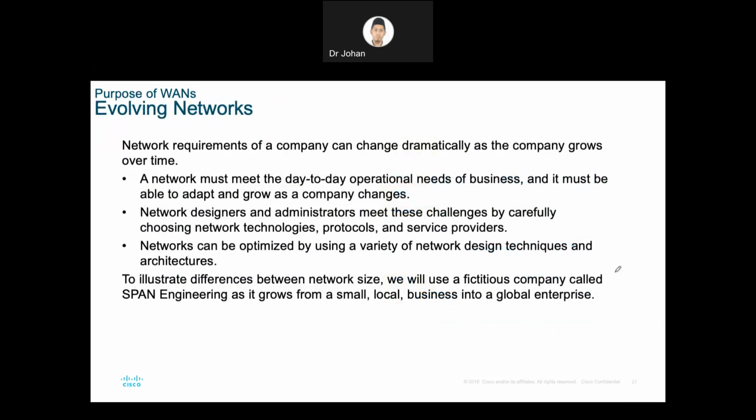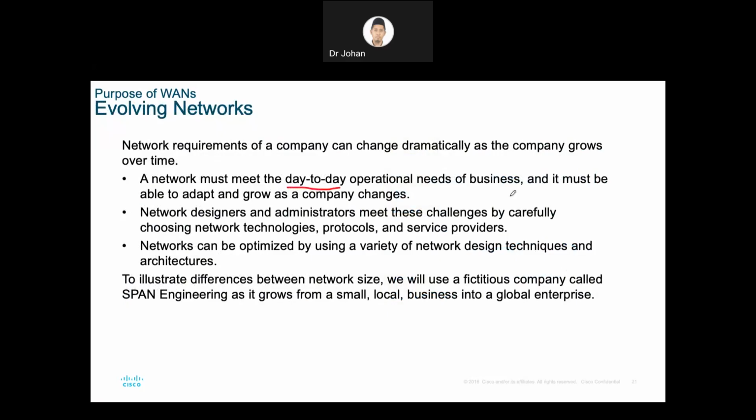Evolving networks. The network requirements of a company can change dramatically as the company grows over time. The network must meet the day-to-day operational needs of the business, and it must be able to adapt and grow as a company changes.